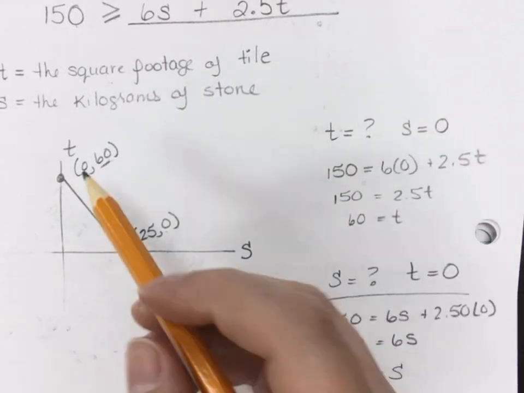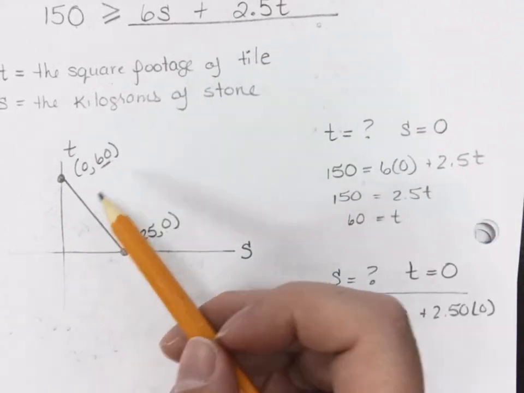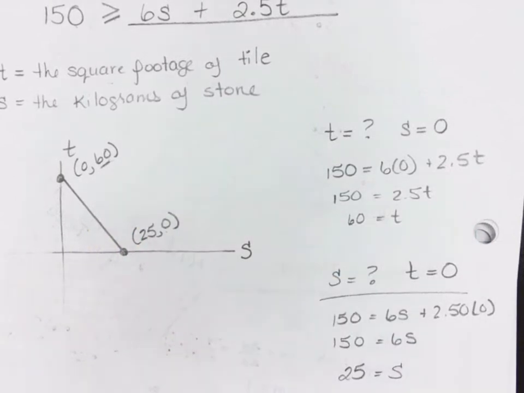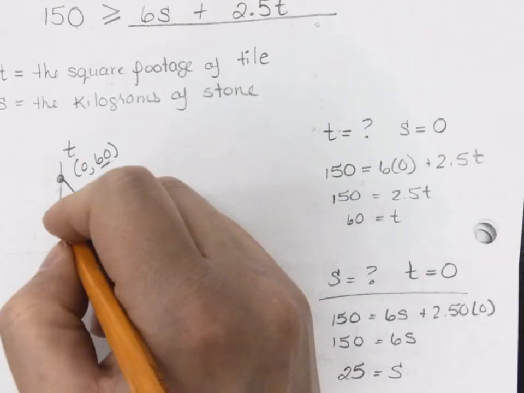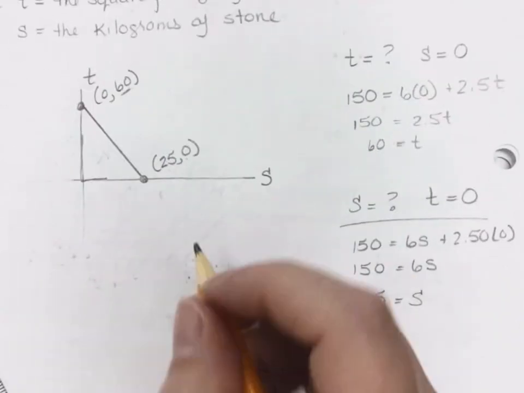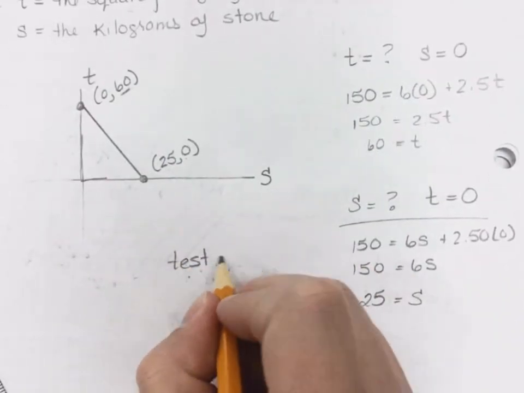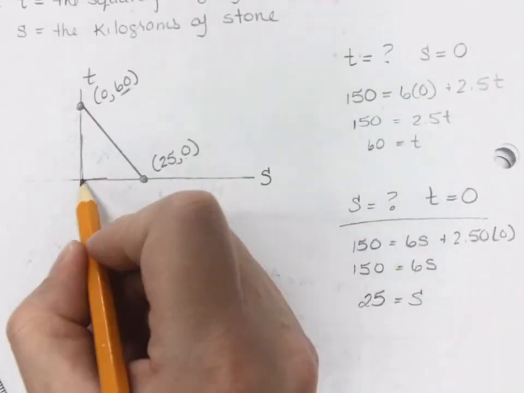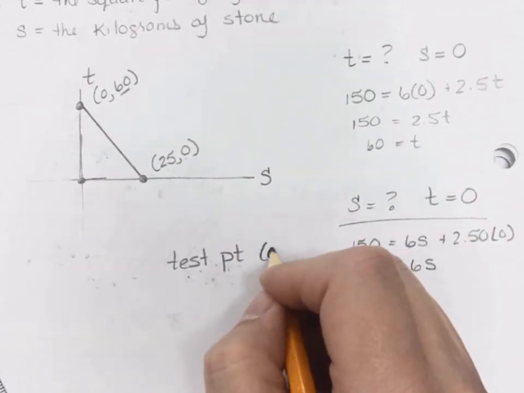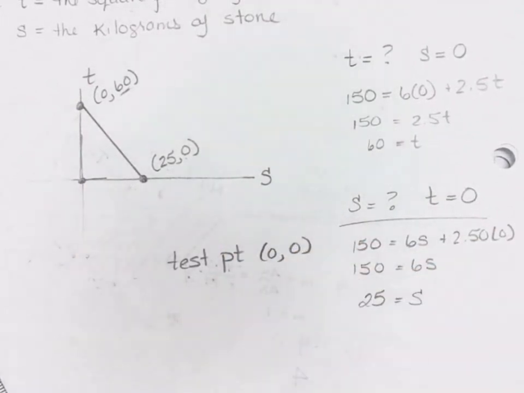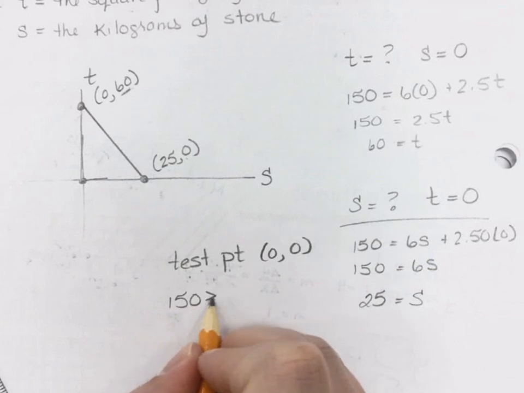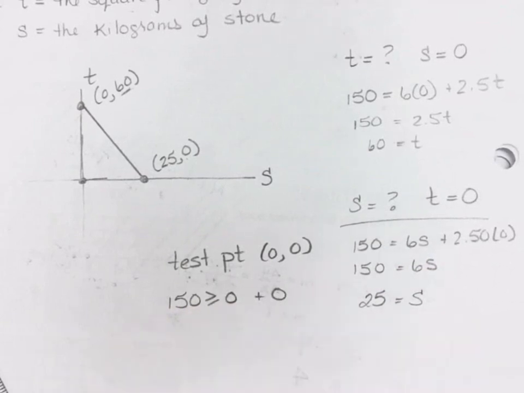I have to figure out if my points are under the line or over the line. What did we do in the other ones to figure out where we shade? Pick a test point, right? So what test point do you want to pick? 0, 0, okay. Well, that's going to be nice and easy. 150 is greater than 0 plus 0. Is that a true statement? Yes.